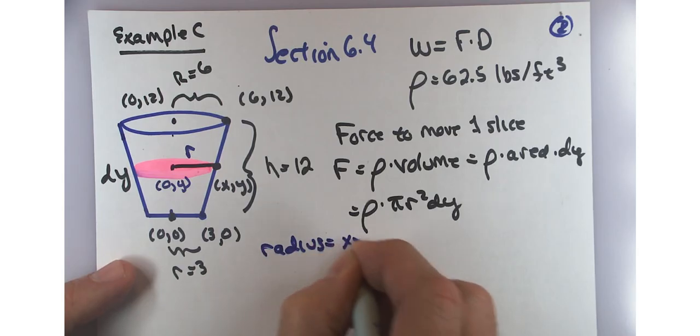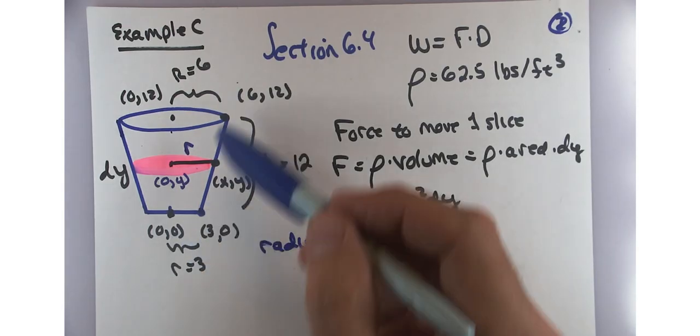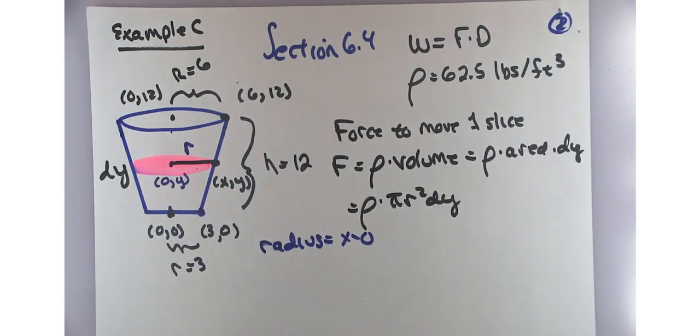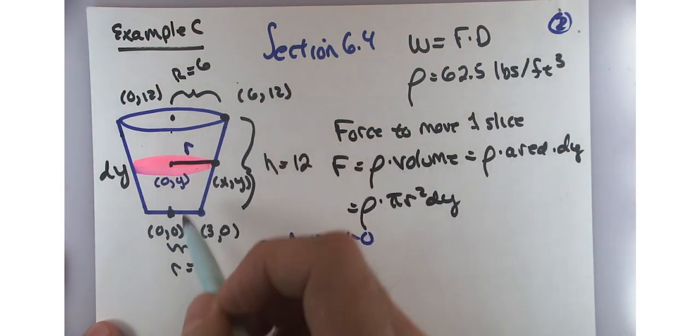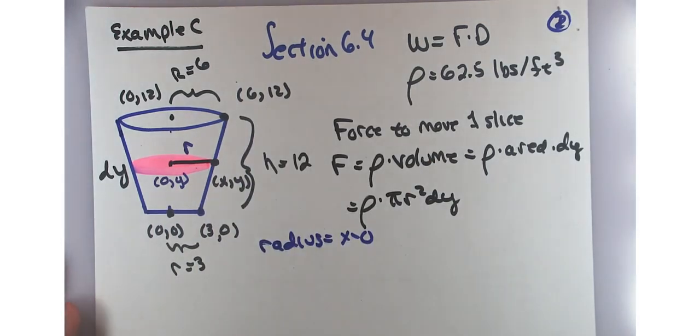But Gina just told us that we wanted to do this in terms of y. So, okay, we're going to have to do a little bit of thinking here. This is where these extra points are going to come in handy. We need to come up with the equation of a line between these 2 points. So, all right, that's a little bit of a pain, but it's certainly something doable.